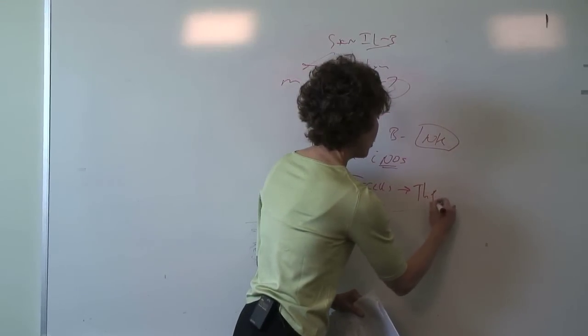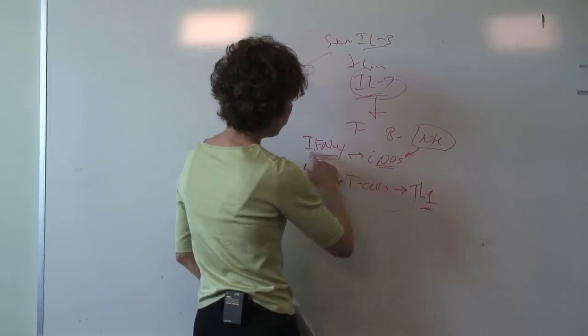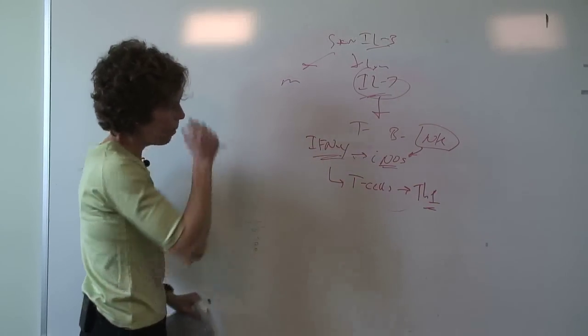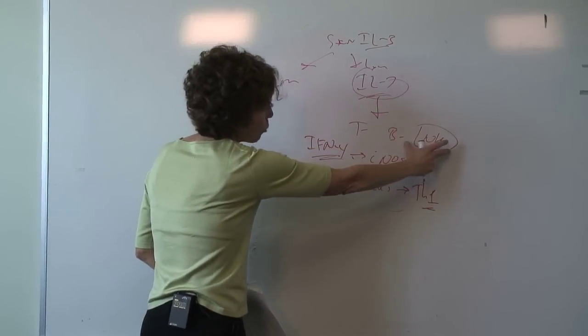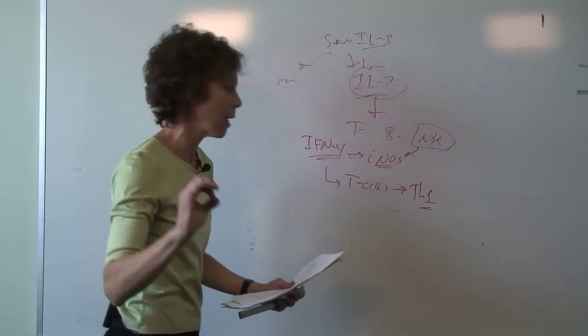Th1 cytokines, which we'll get into in more detail. So NK cells are one of the cells that secrete this interferon gamma. So that's one process that it does, secreting a very critical cytokine.